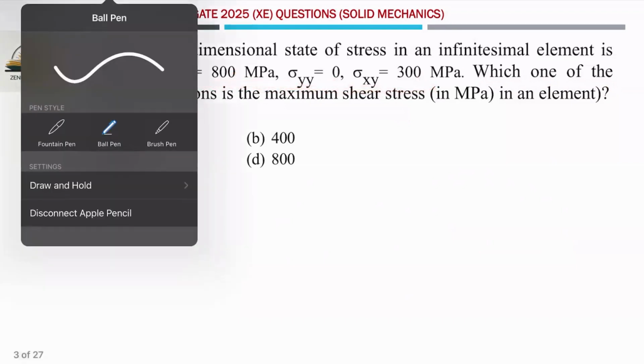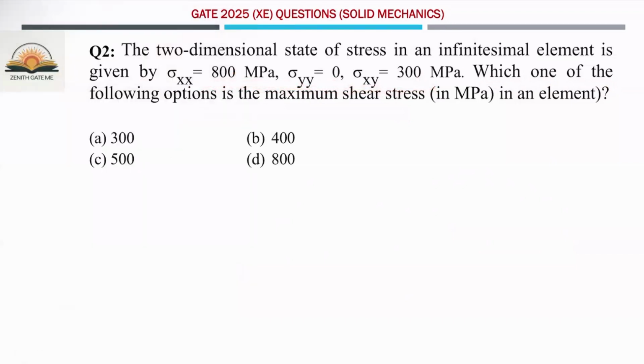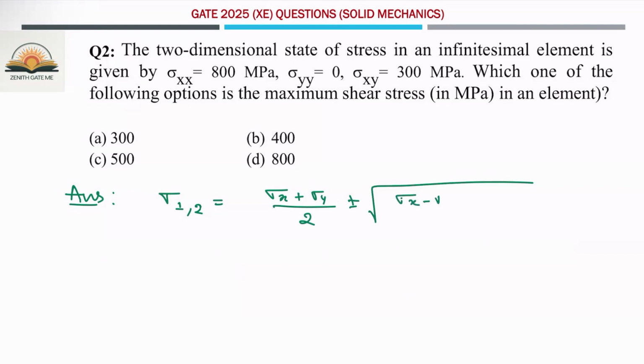First of all, you have to calculate the principal stress value. But how will you get the principal stress value? There is a relation for the principal stress: sigma 1,2 is nothing but (sigma x plus sigma y)/2 plus minus the square root of ((sigma x minus sigma y)/2) whole square plus tau square xy.